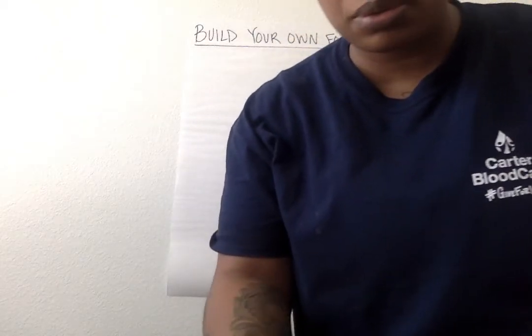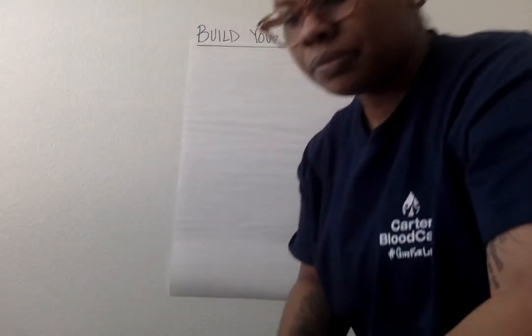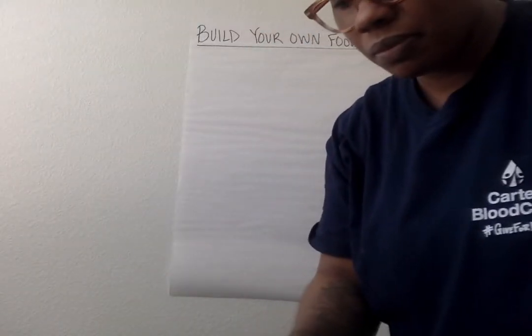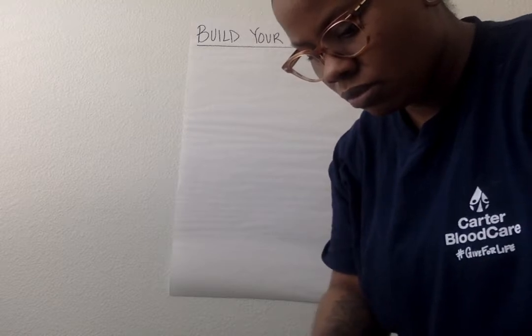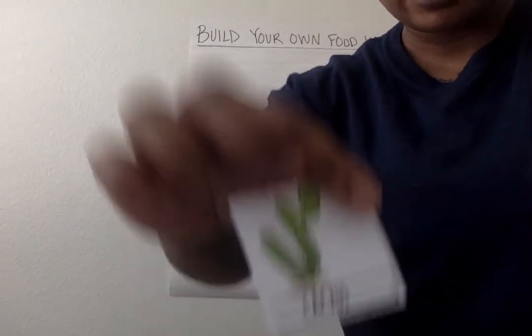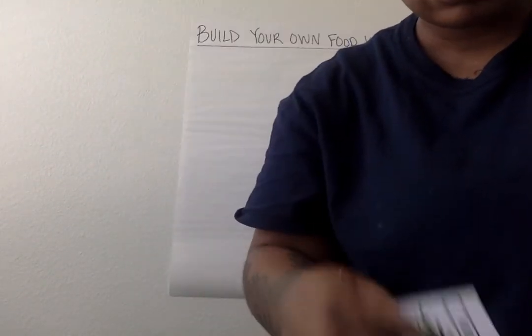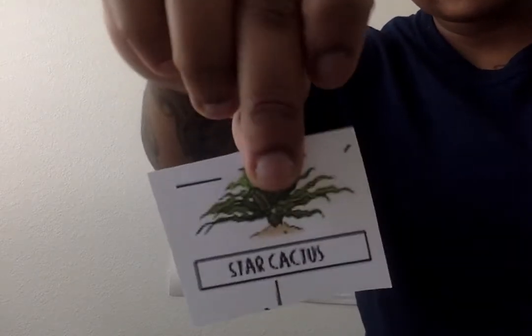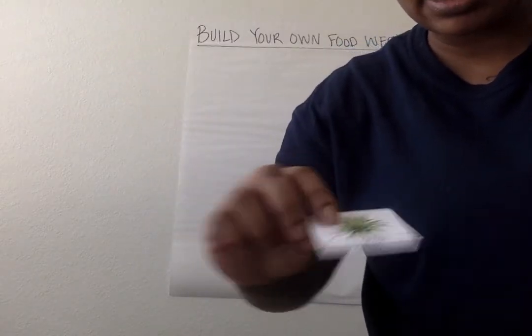So what I'm going to do is I'm going to sort out and find my producers first. Okay, so for my producers, I have a cactus, some star cactus, and grass.